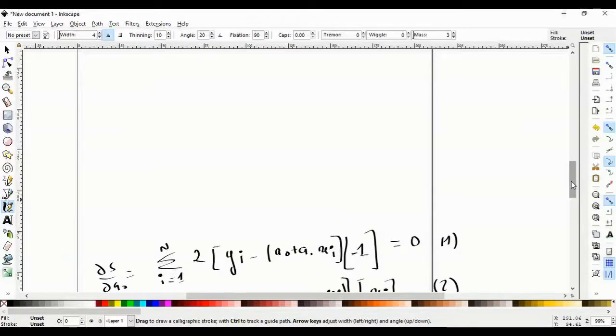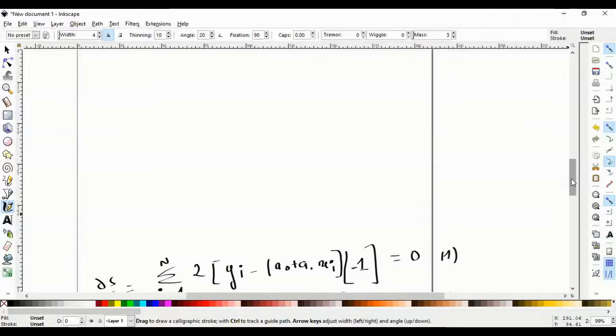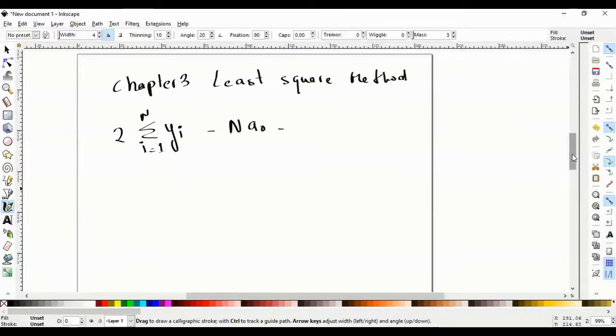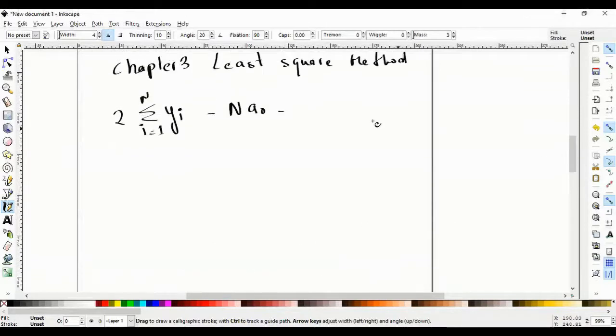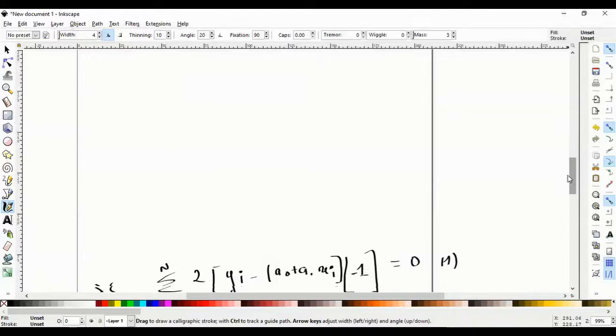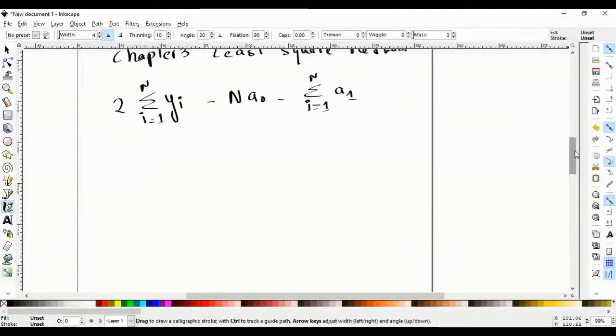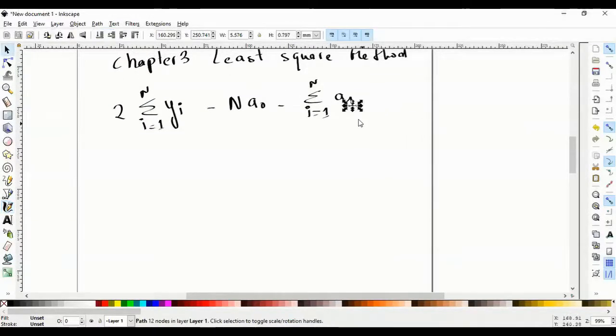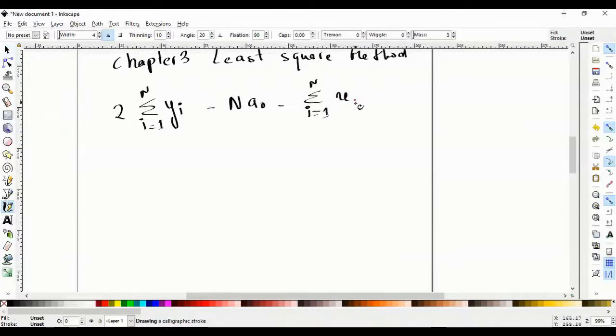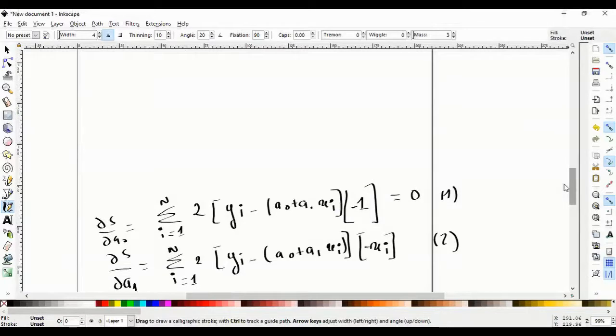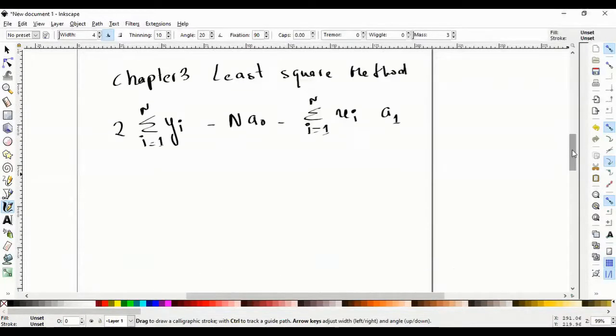And now minus a1 times the sum from i equals 1 till n of xi.